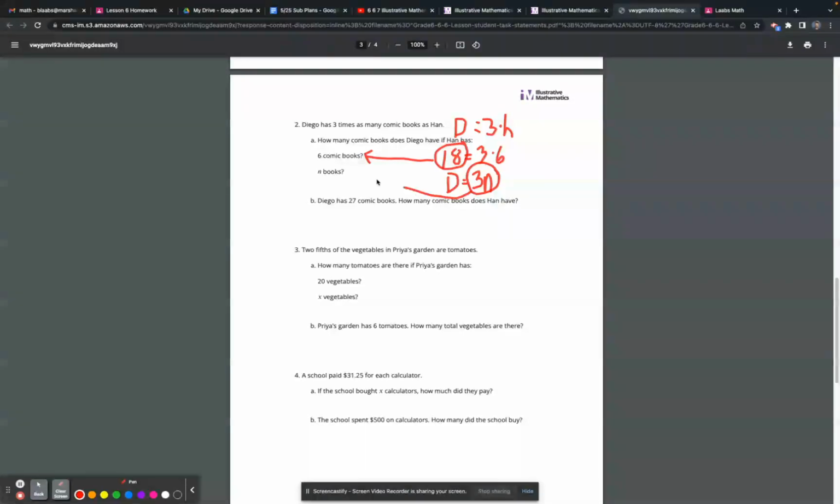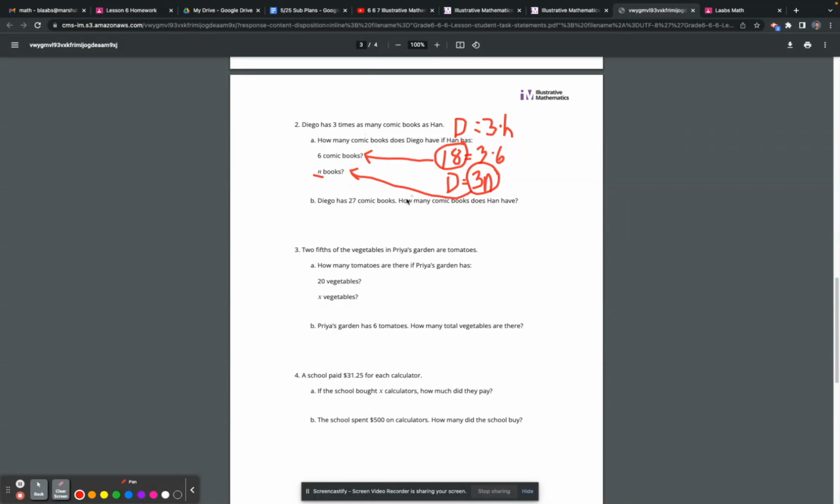Again, sounds funny, sounds goofy because it's not a number, but we can't know the amount if they're just giving us N number of books that Han has. So we can say that 3N is the amount because that shows that is 3 times whatever that amount would be. I hope that makes sense. I know I can see how this was confusing.